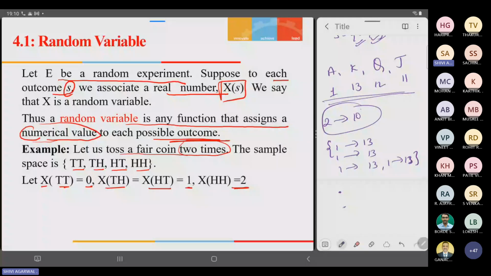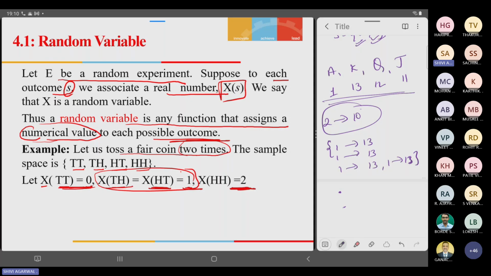That is the total number of heads coming out of 2 tosses. So that becomes the random variable value, here 0, 1 and 2. One head gives 1, TT gives 0 and HH gives 2. All possible outcomes are these 4, and we quantize them according to our requirement.